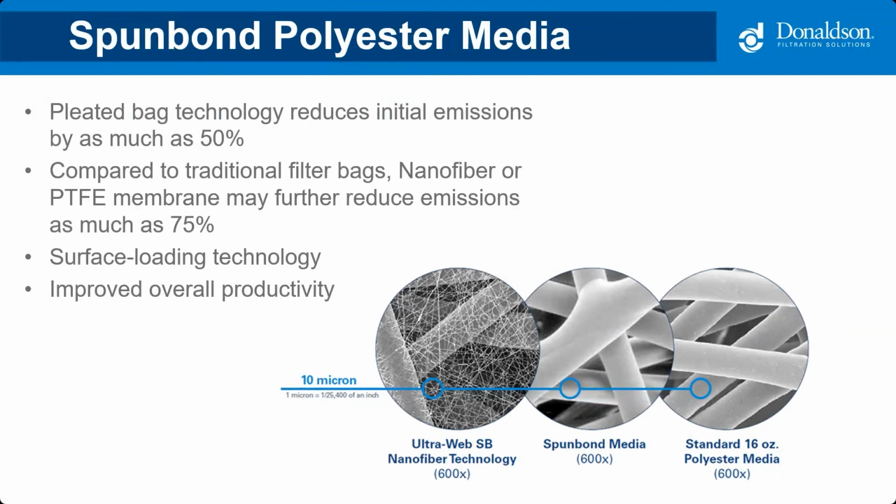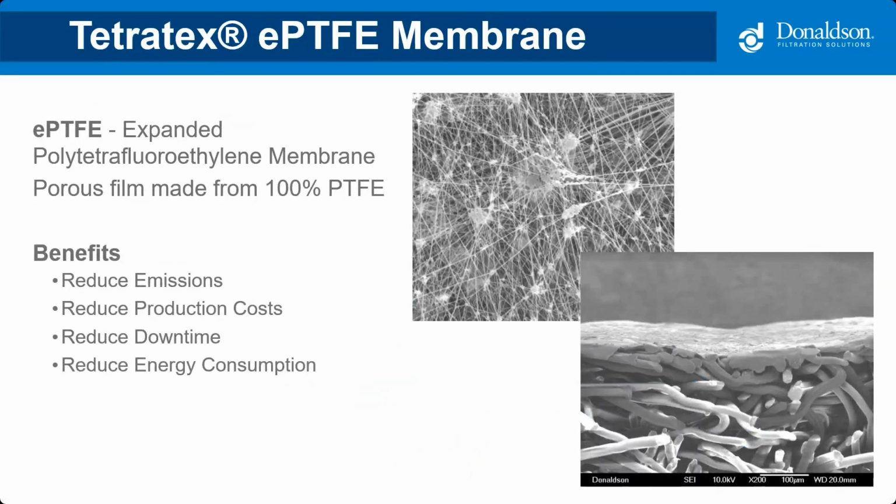On its own, it's MERV 10 to 12 rated. And it's very, very efficient. And it's a great way to make sure that you're capturing all your dust. You can put other finishes on it, and I'll go into that a little bit to make it even more efficient. The second of the four types is Tetratex, is Donaldson's brand name for it.